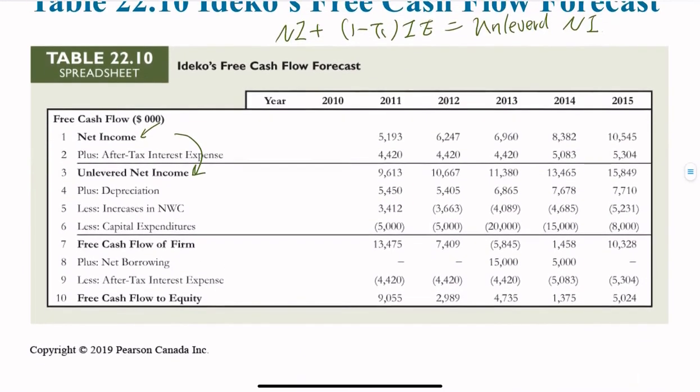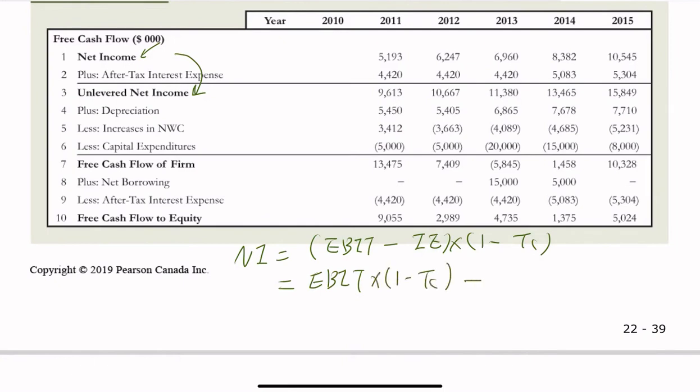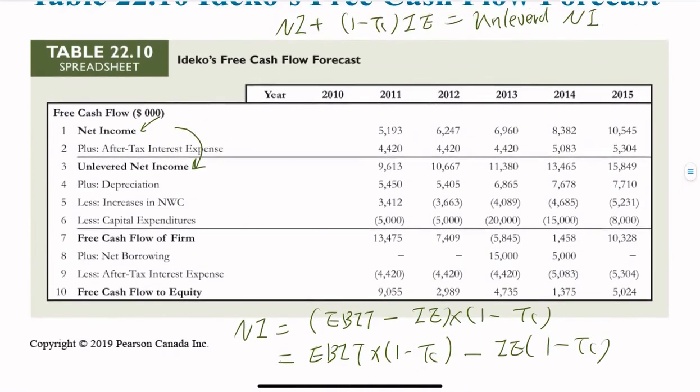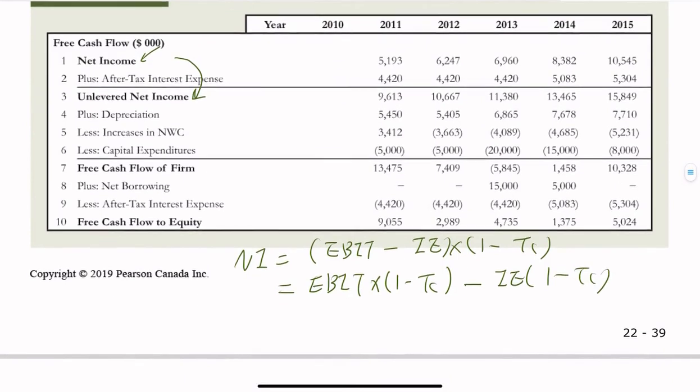Okay. So to understand this is actually pretty simple, because if you look at net income, right? So net income essentially equals EBIT minus interest expense times one minus corporate tax rate. And then if you continue to do this simple manipulation here, you can see that it's 1 minus tau C minus this, right? And then you can see that net income plus the after-tax interest expense, right?